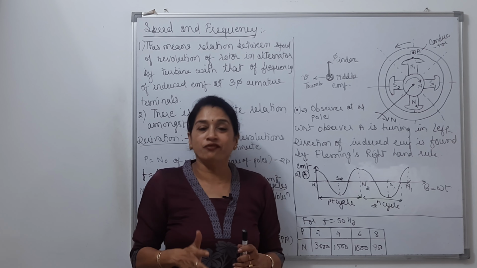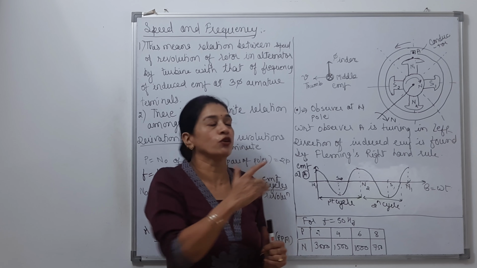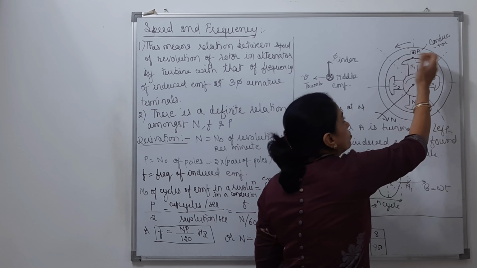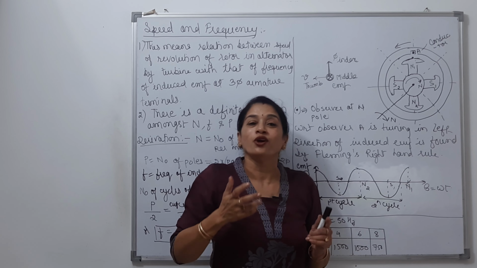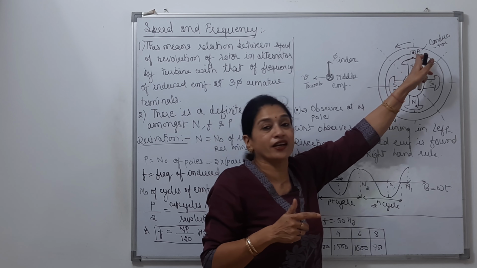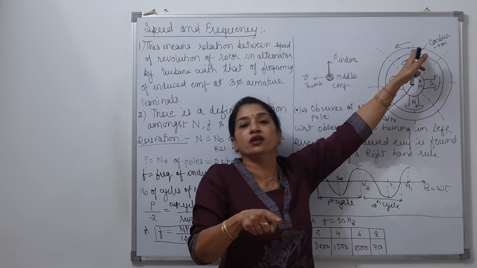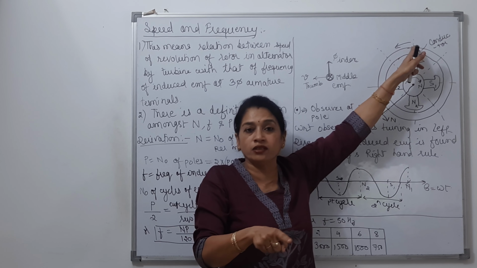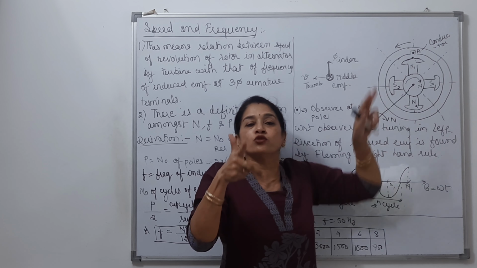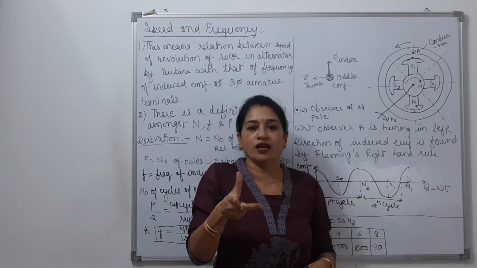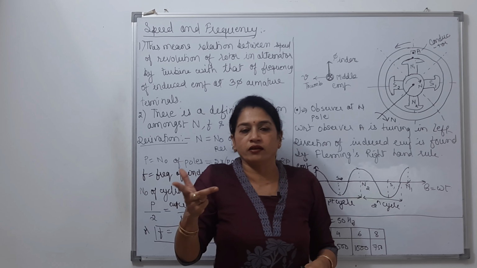This way I am finding the direction of movement of the conductor with respect to this observer, in the anti-clockwise direction. And why did I do so? Because this is the A conductor in which I want to know the induced EMF's direction. So this conductor's movement must be considered to apply Fleming's right-hand rule, not any other object.